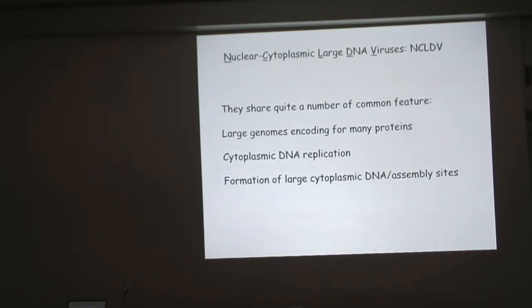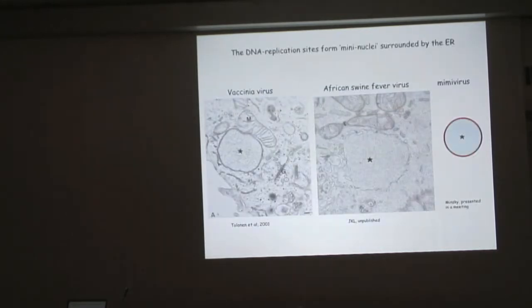Now, as a cell biologist, what I find very interesting is that they do so, and this is from our own work, by enclosing these DNA replication sites with the endoplasmic reticulum, forming what is called a cytoplasmic mini nucleus. Some people believe that perhaps this was the origin of the nucleus.